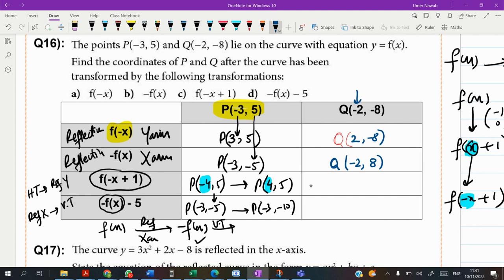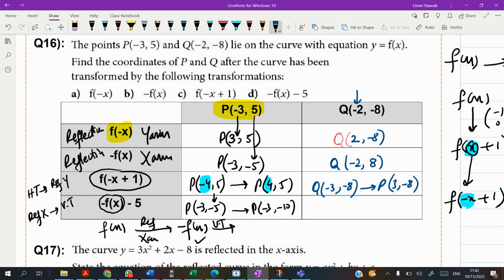So for the horizontal translation, my x coordinate is -2, and I want to add one into it. Oh, sorry, opposite, one left. So it has to be -2 minus 1, which is -3. Got it? And I will keep the -8 as it is. Then after that, I have to do the reflection about the y-axis. Again, I need to change the sign of the x coordinate, so 3, -8.